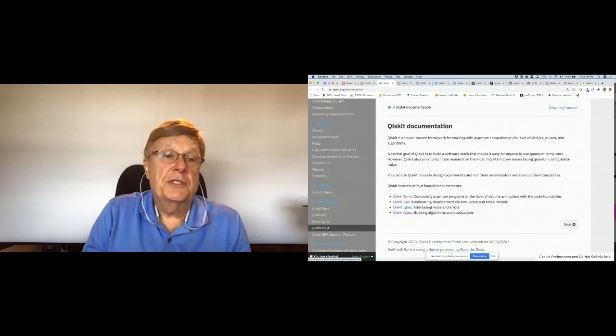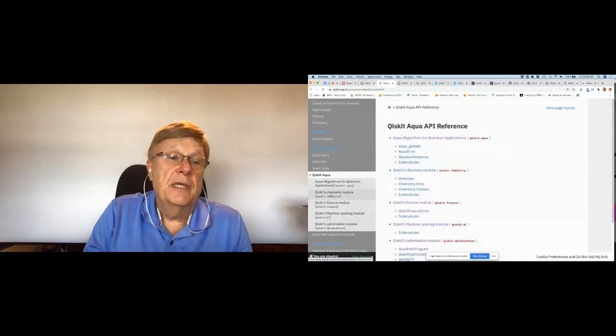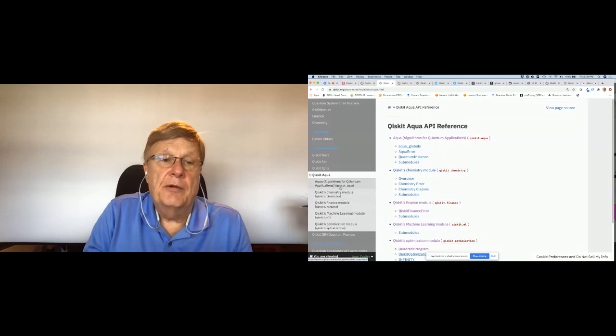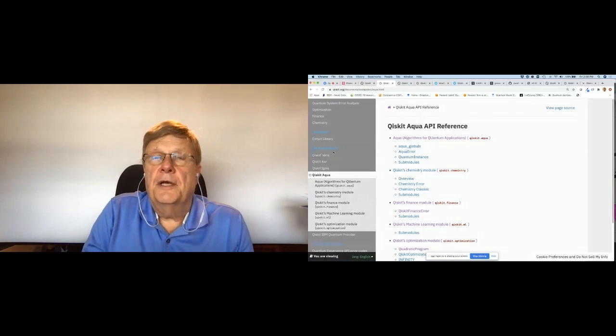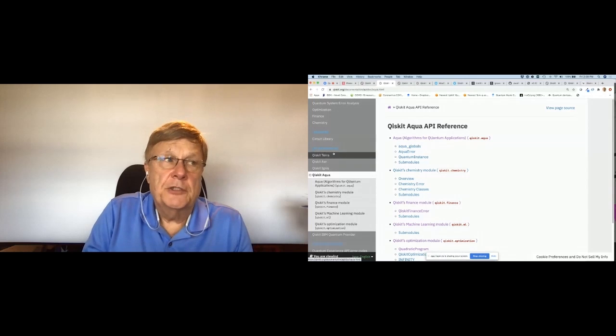I want to work at this higher level of abstraction, like in finance or optimization or machine learning. So these are APIs that allow you to work at a higher level, but underneath it uses the foundational things, which always includes your linear algebra, your matrices and vectors and things like that.